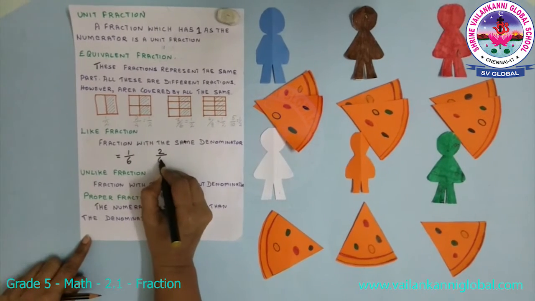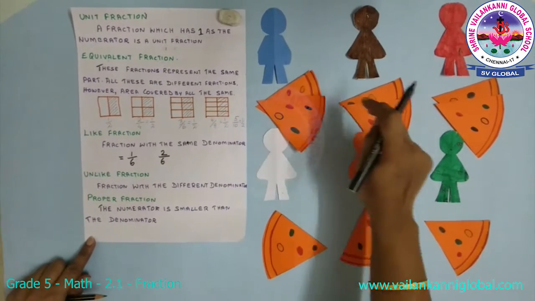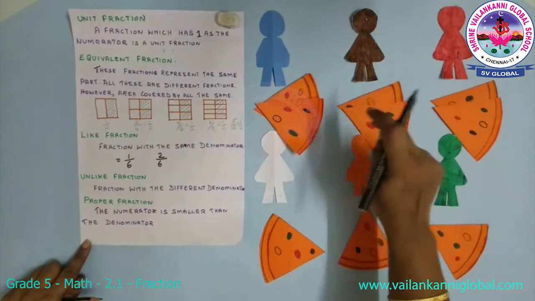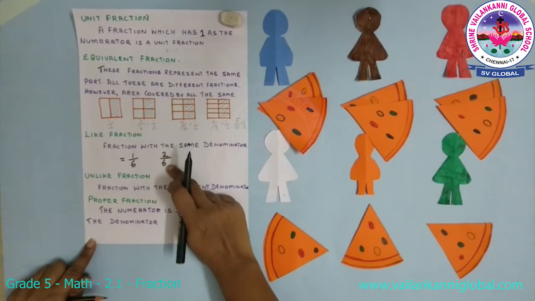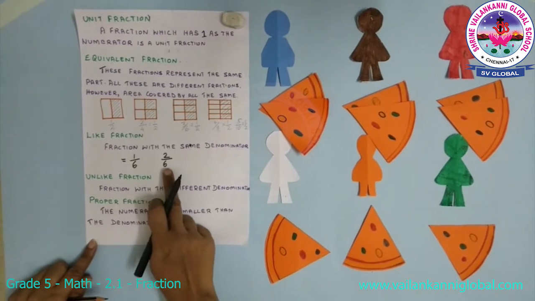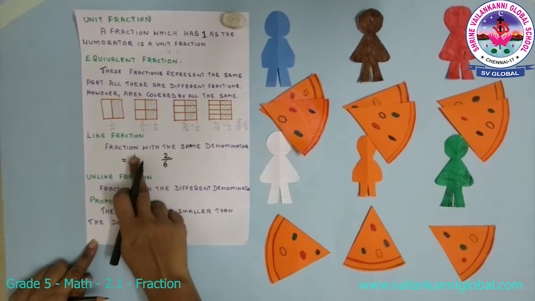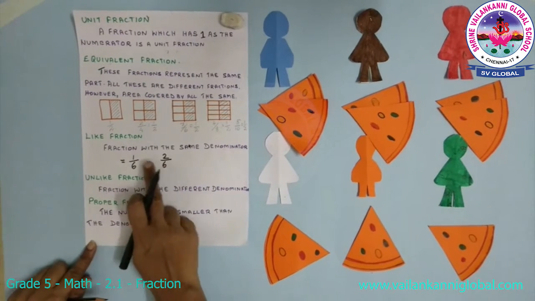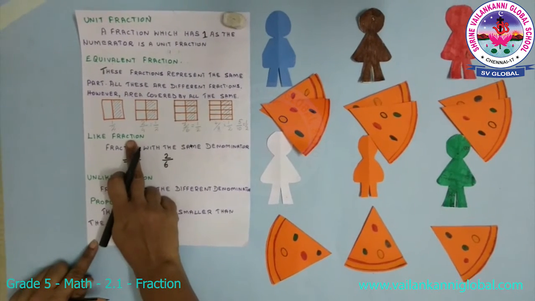Each person is getting 2 pieces of pizza, so you can write it as 2 by 6. Here both the denominators are the same, so these 2 fractions are called like fractions.